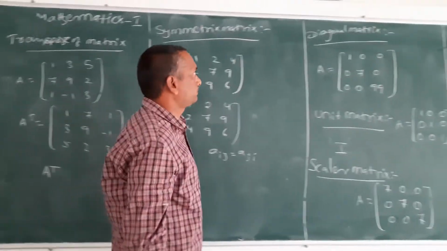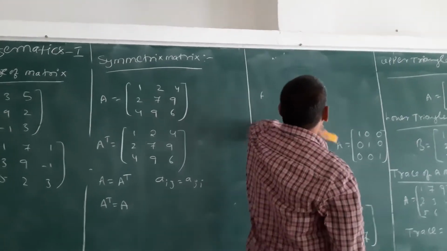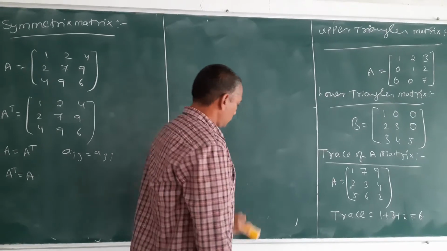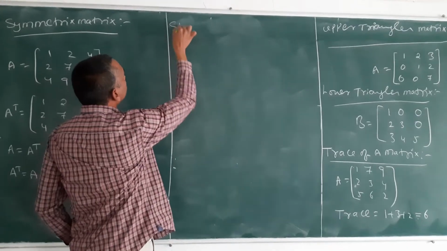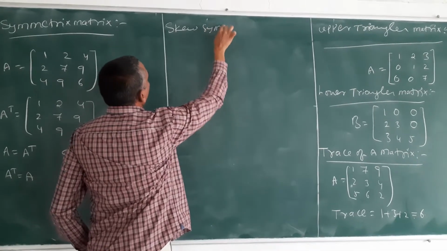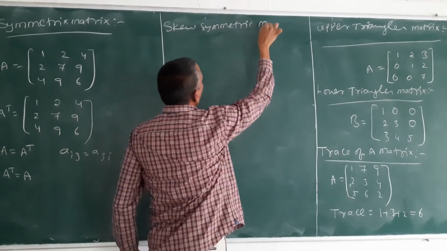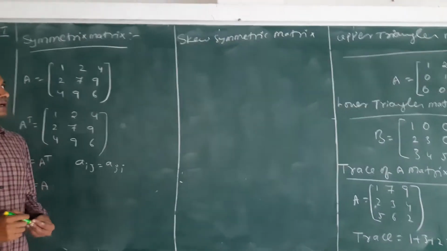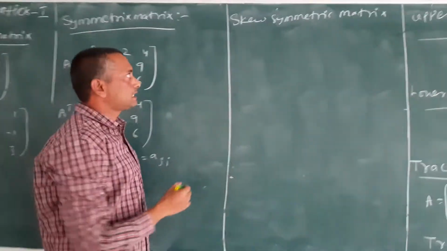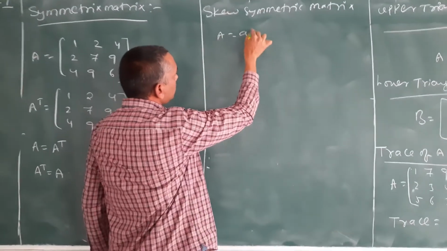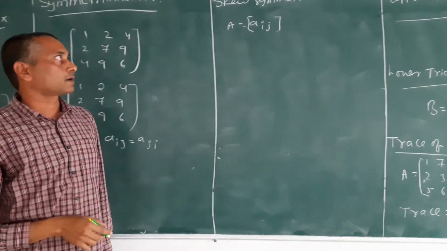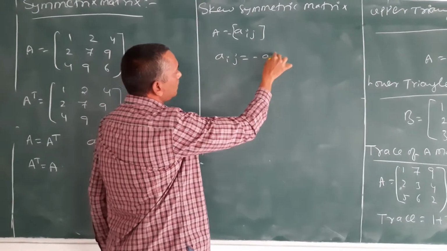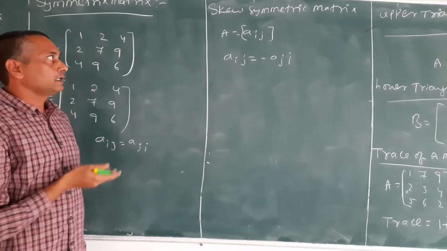Next is skew symmetric matrix. A square matrix A is said to be skew symmetric if A_ij equals minus A_ji for every i and j.